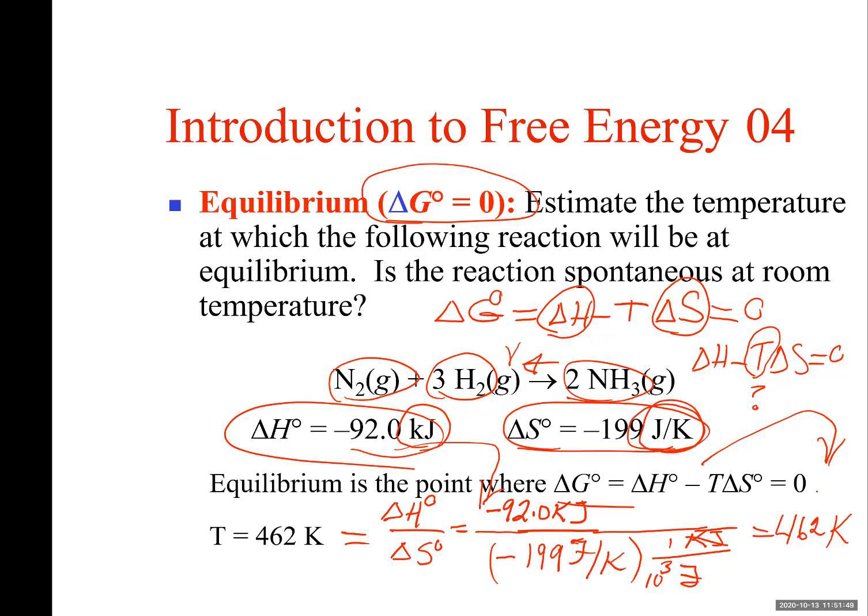That's why we do equilibrium calculation, to find out if a reaction is non-spontaneous, which is the case here. At room temperature, if you calculate the value of delta G, you see delta G is positive. The reaction is non-spontaneous.